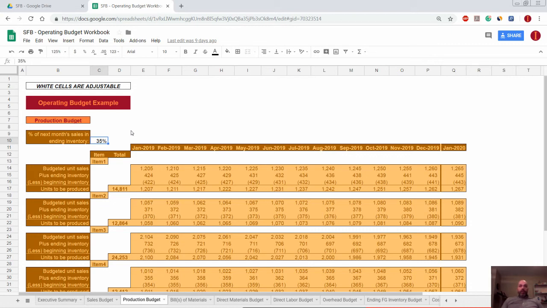We want it to be in the neighborhood of what reality is. But that being said, we want to leave ourselves a little bit of a buffer, so that if demand is higher than we forecast, we've got some safety stock in inventory. With all that said, it's a good point to make about budgeting: you've just got to accept it's going to be wrong.